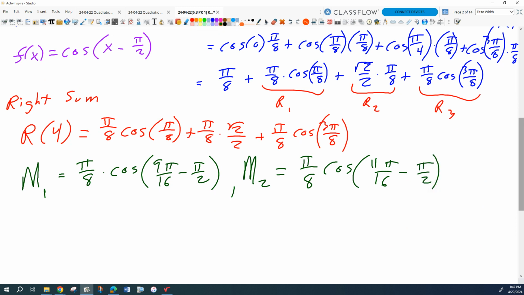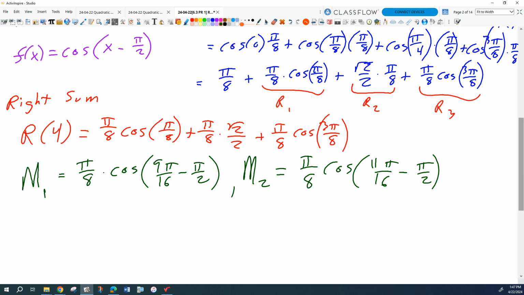Subtract pi halves, and so on. Make sense? So we'd just have to calculate a number for each one of these, and they're very inconvenient, right? But we just would calculate a number value for each of these four and add them up. That's it. Okay, everybody good with that?